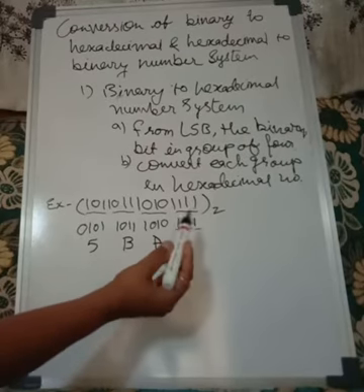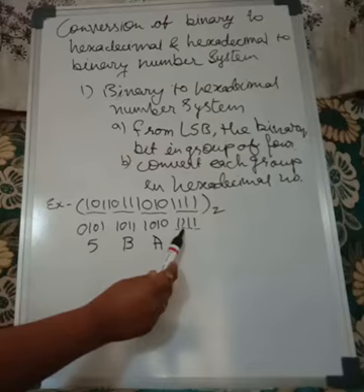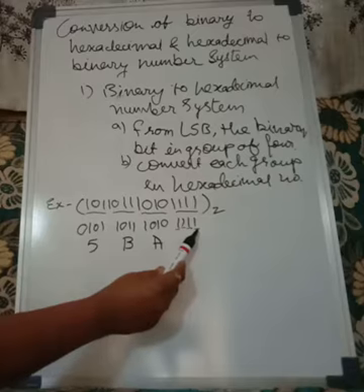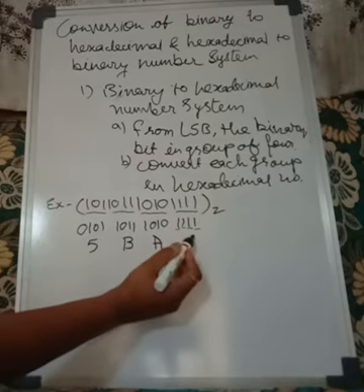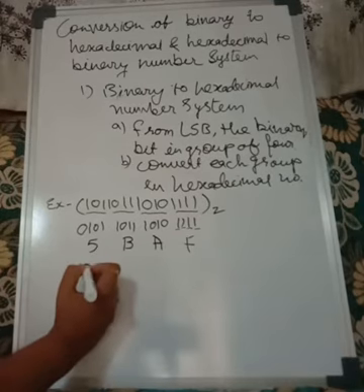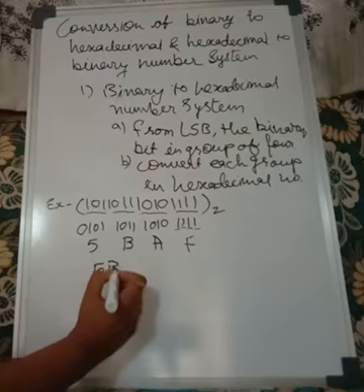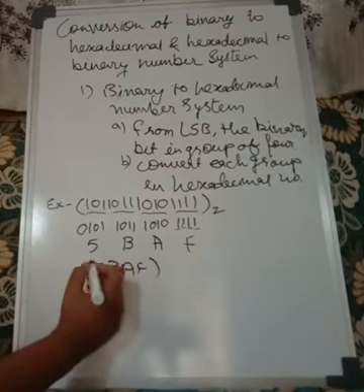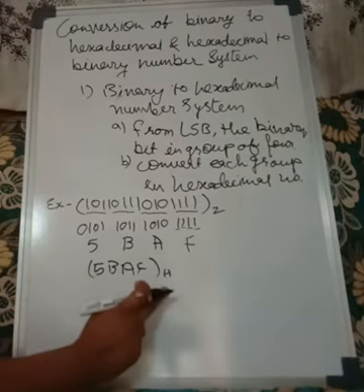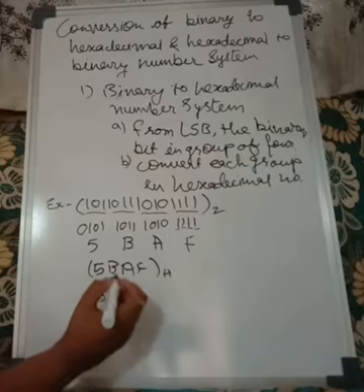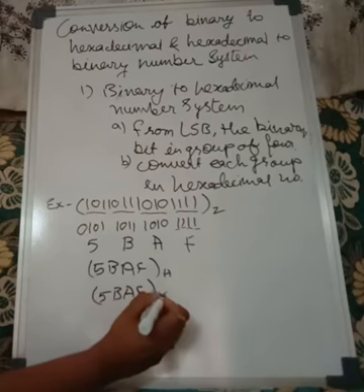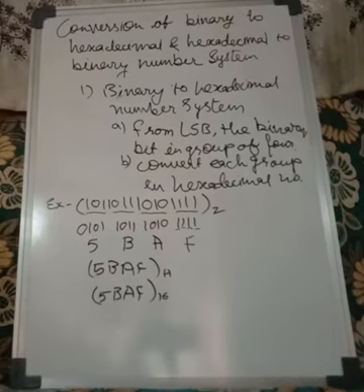So when we sum it, this will be 8 plus 4 plus 2 plus 1, that is 15, and 15 can be written as F. Okay, so the number becomes 5BAF in hexadecimal number system, or you can write this simply as 5BAF base 16. Okay, you can write it like this.